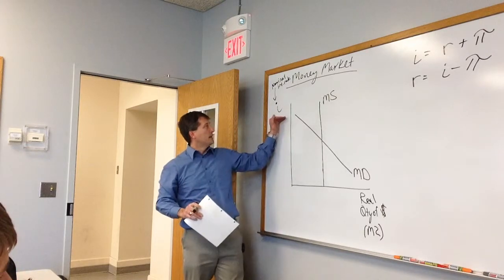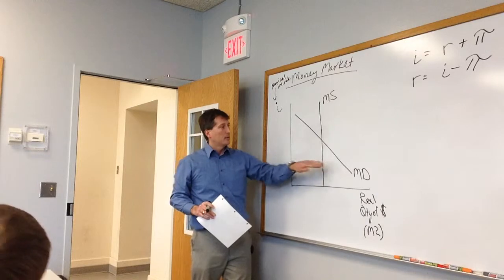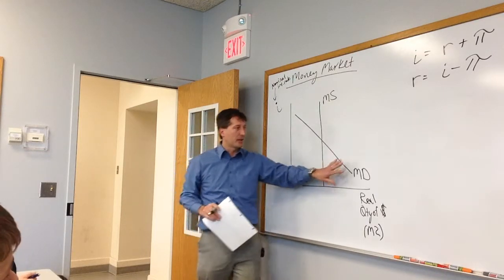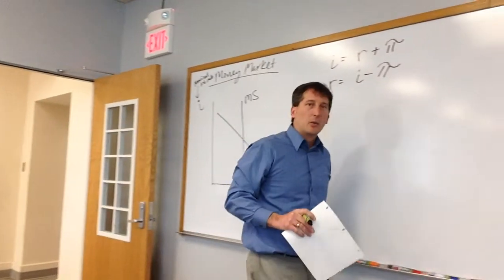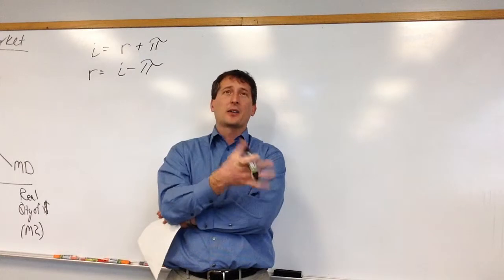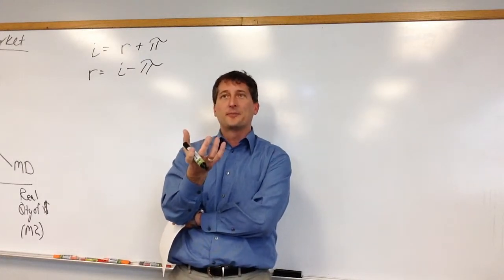As nominal interest rates fall, people will choose to hold more money. One way you can think about the demand for money is your wallet and how much currency you want to hold. Remember, we talked about how holding your wealth in the form of currency is kind of a poor place to put it, right?